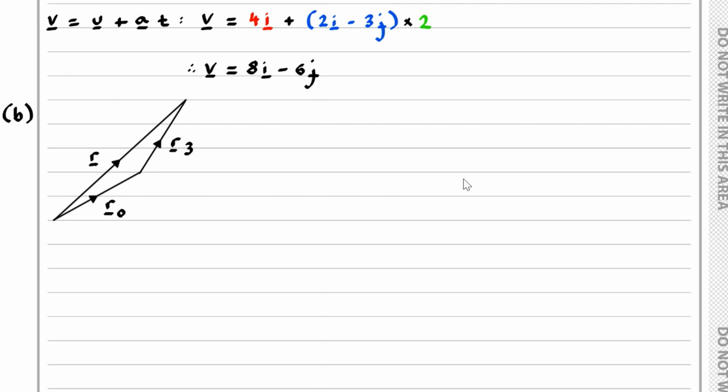So what do we know so far? Well, we know so far that t is equal to 3. We are also given that r0 is equal to i plus j.